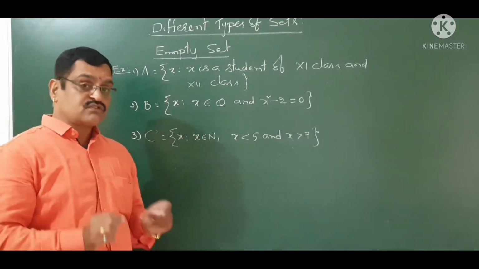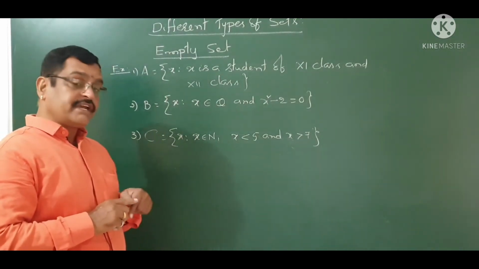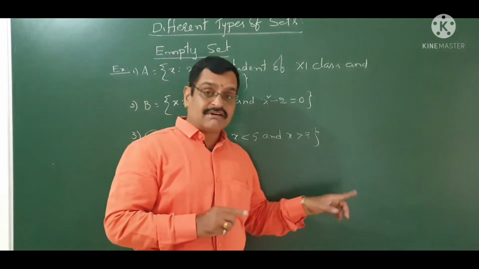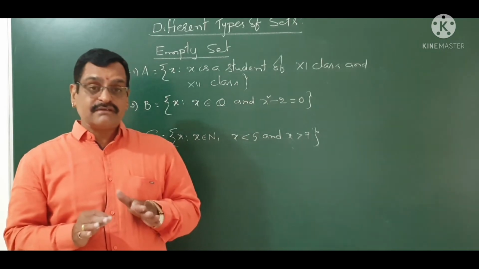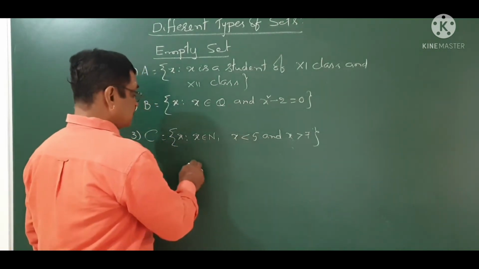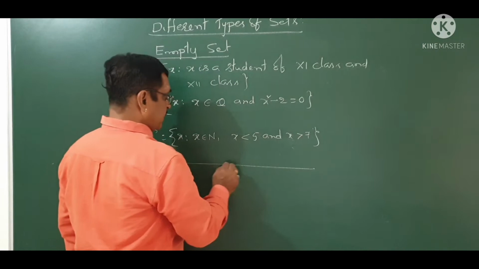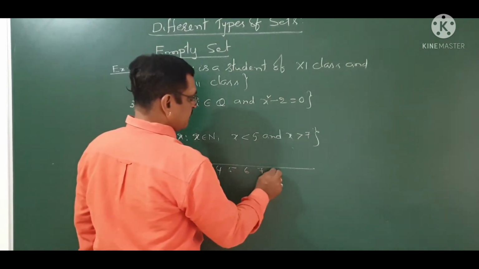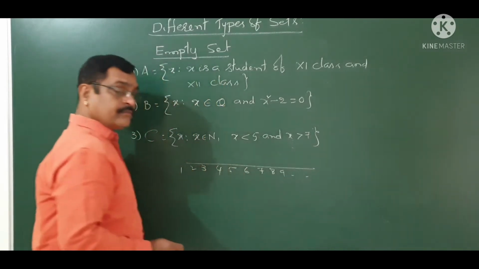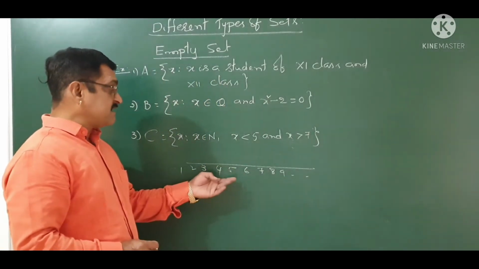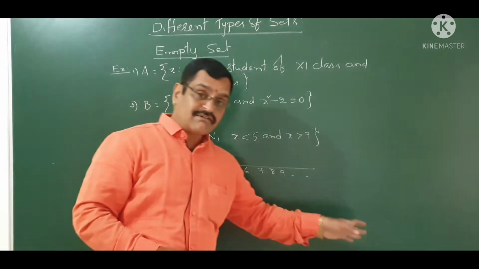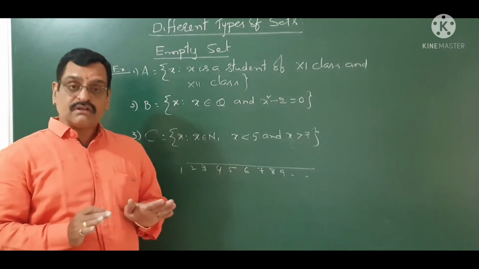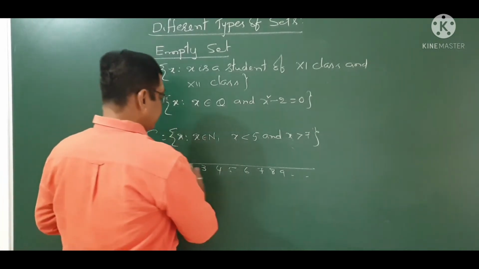I want a natural number which is less than 5 and more than 7 at a time simultaneously. Now if you observe natural numbers 1, 2, 3, 4, 5, 6, 7, 8, 9 and so on. Now if an element is less than 5, it cannot be more than 7. Therefore, elements in this set are not possible. Therefore, this is also an empty set.